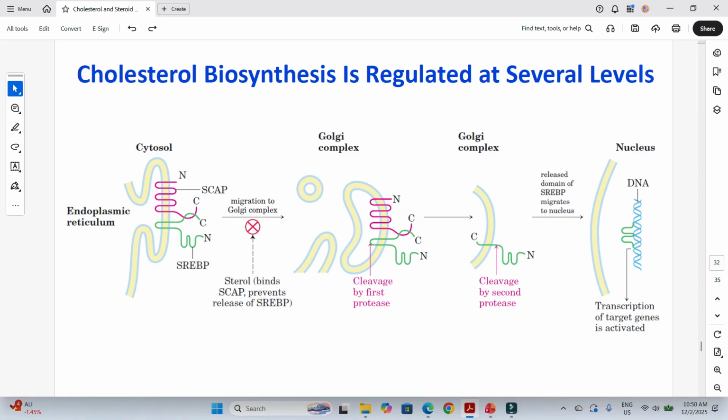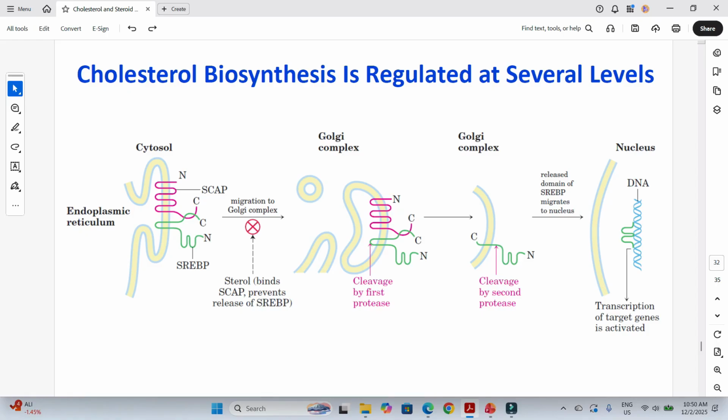Another protease cleaves this portion of the SREBP. And what happens is that this domain of SREBP then migrates to the nucleus, which then targets the genes for cholesterol biosynthesis, for example.